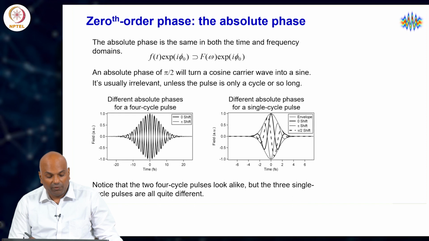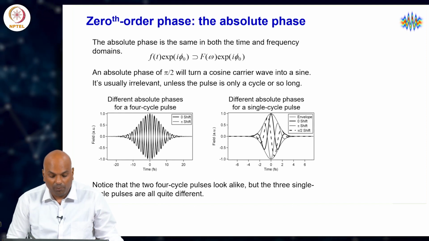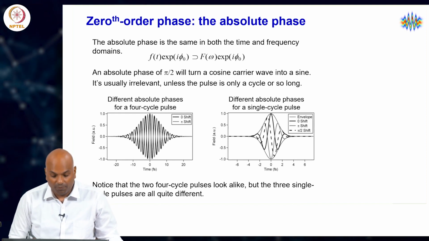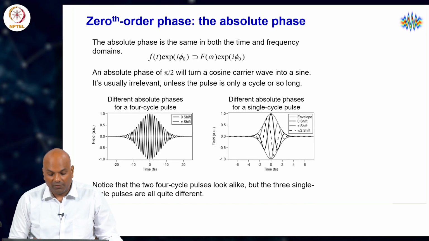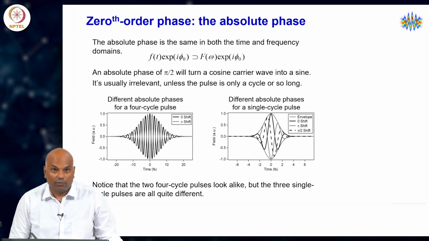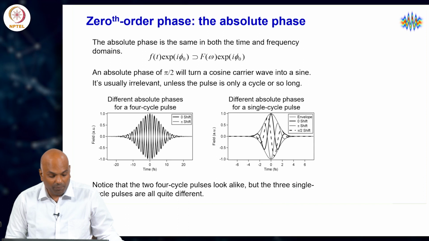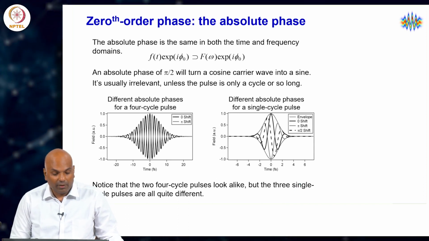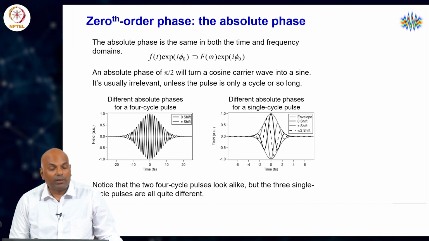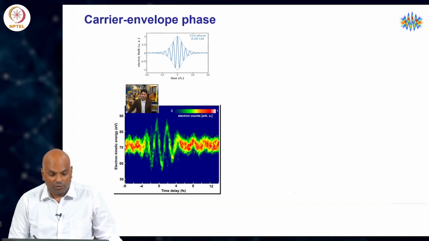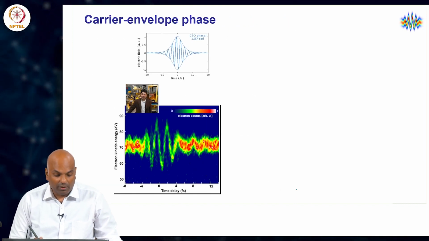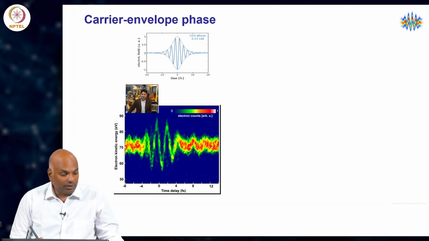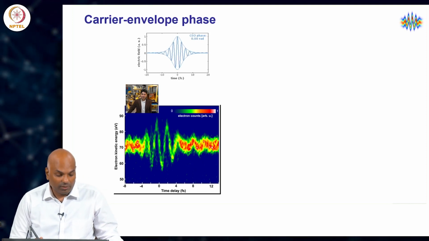The 0th order phase is important for pulses close to a single or a couple of cycles underneath the full width at half max of the envelope. There the shape of the electric field can be parameterized using phi naught. This can indeed be measured.